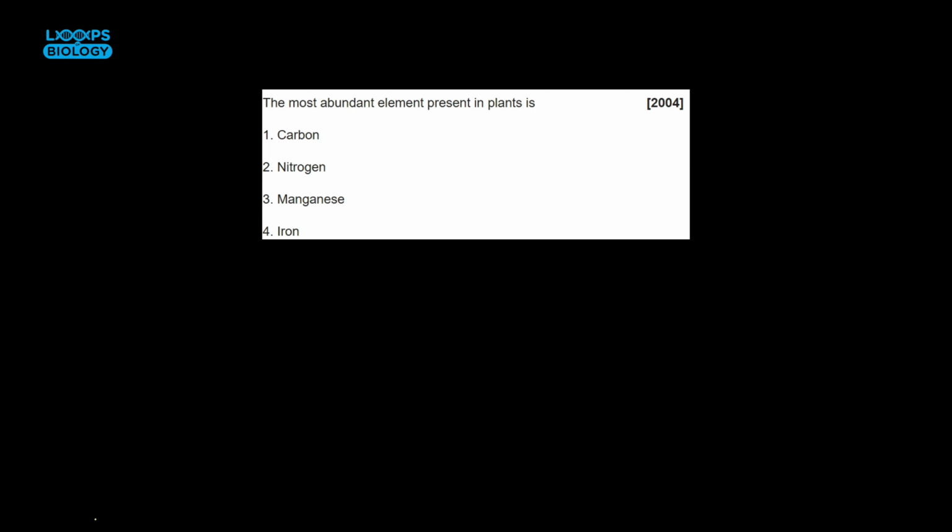If we are moving on to the first question, the most abundant element present in the plant is, whenever we are talking about any abundant element, the element should be a prime element.